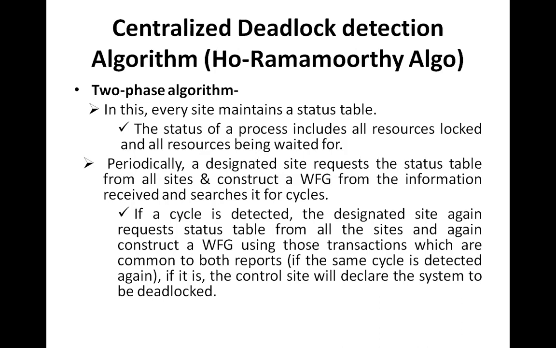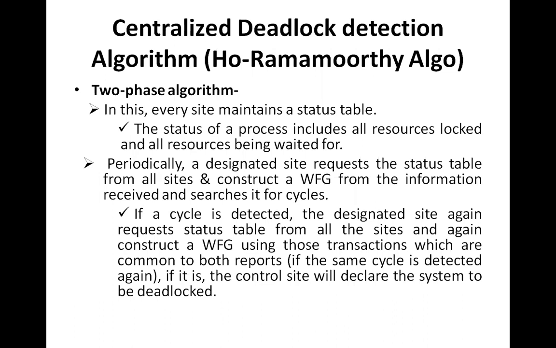But if it contains a cycle, it again asks all the sites to send the report, and includes only those transactions which are common in both the reports. And if the same cycle is detected, then the system is declared to be in deadlock. So since it is doing things two times, that is why it is called the two-phase algorithm.